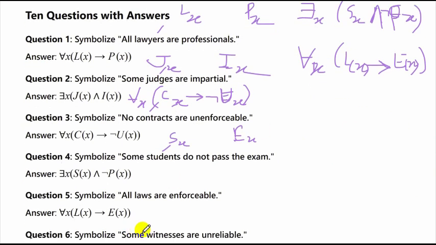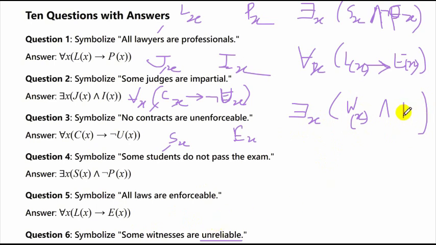Alright. Next is 'some witnesses are unreliable.' Now this is talking in a negative sense. So 'some witnesses' means there exists an x such that, if x is a witness, and x is unreliable.